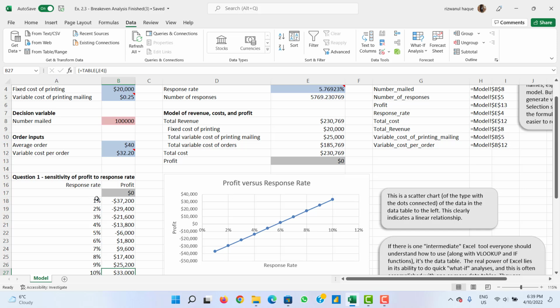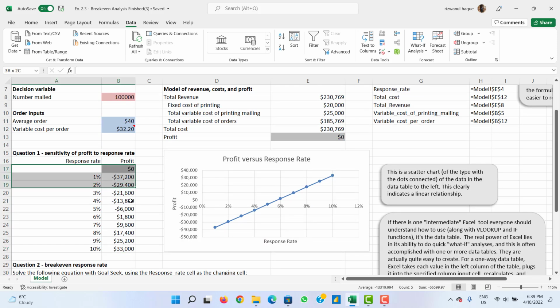And the chart, you might be wondering how I did the chart. It's simple.